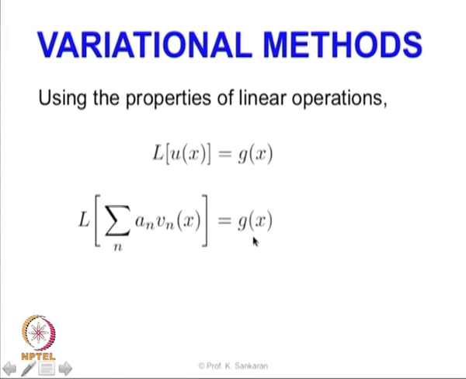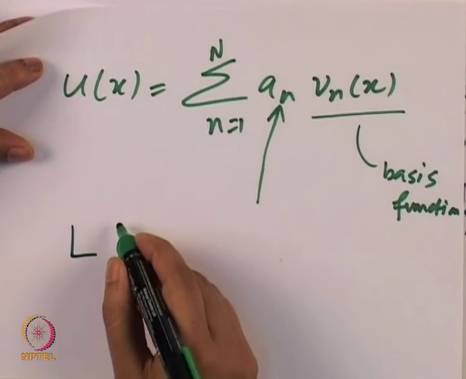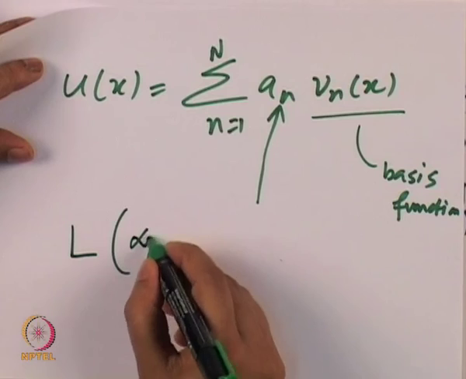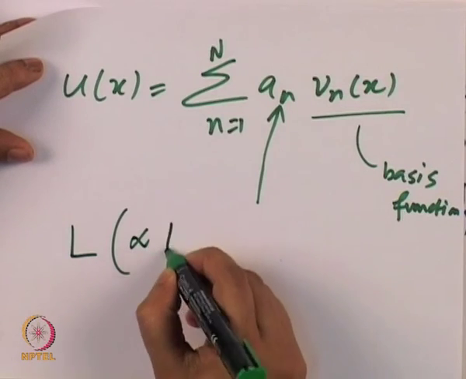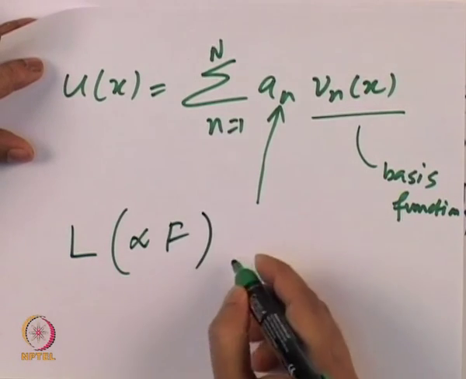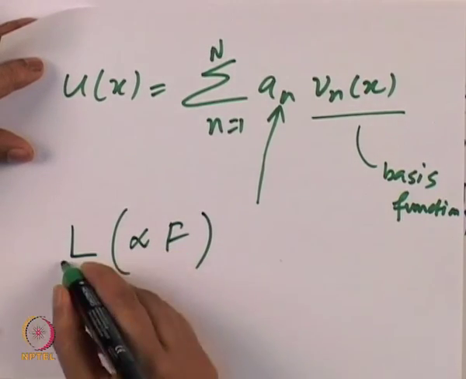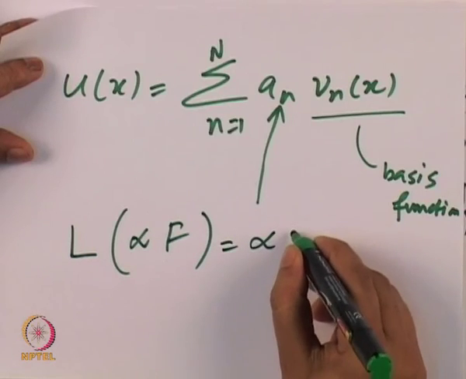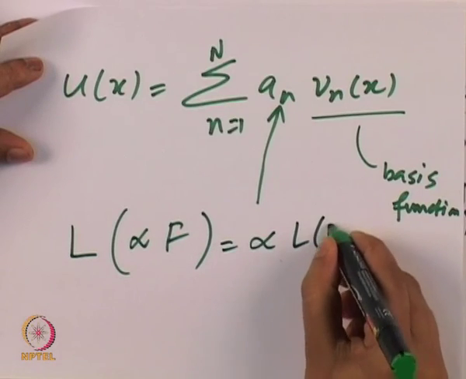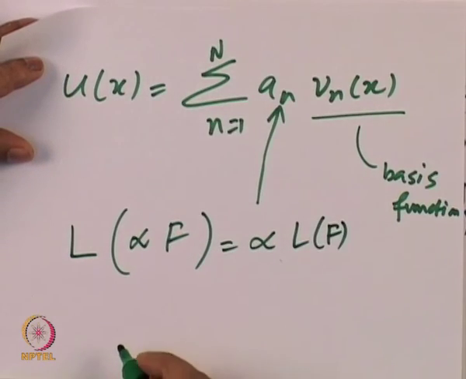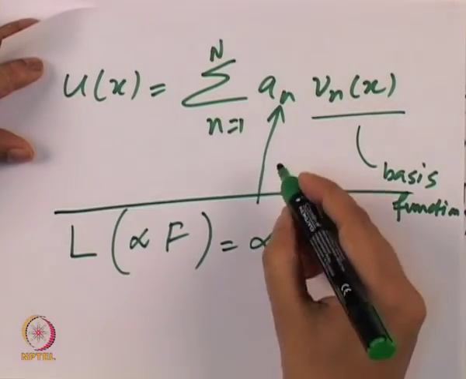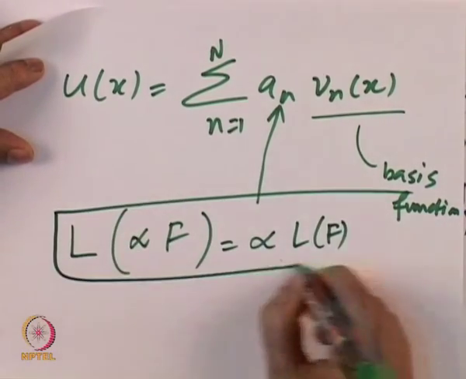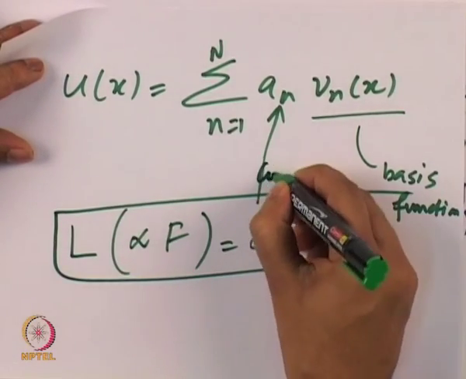So remember, I told you when we have an operator we can change the operator's order. So when an operator is operating on, let's say, alpha times a function, we can bring this alpha to the front and then we can say alpha times L of f. So this is one of the properties which we saw. So this is the coefficient.